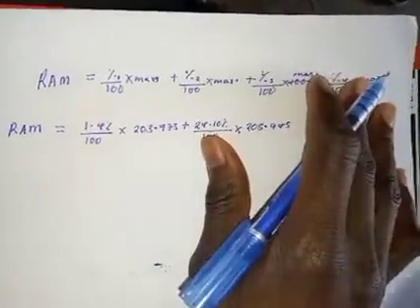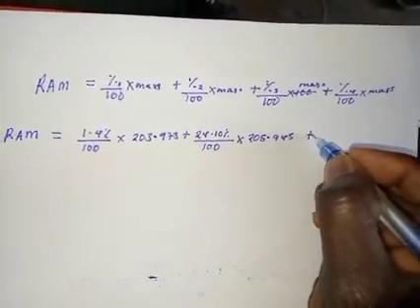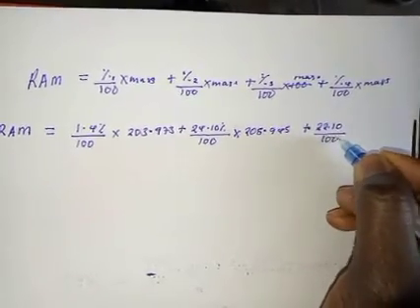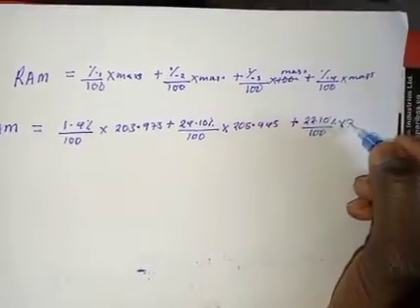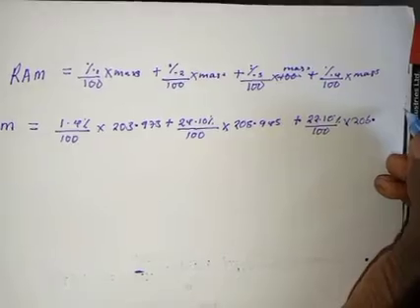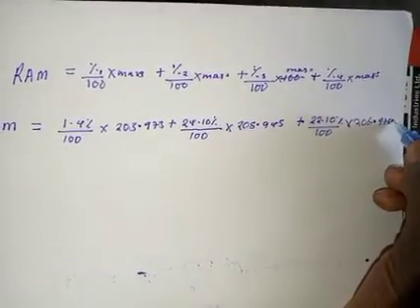205.945. And you need to add the other isotope, having the percentage of 22.10 over 100, multiplied by its respective mass, which is 206.9759.